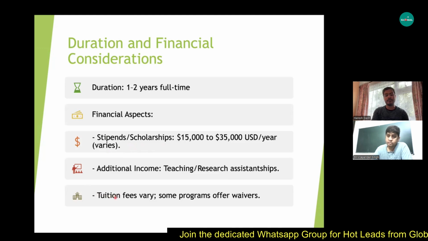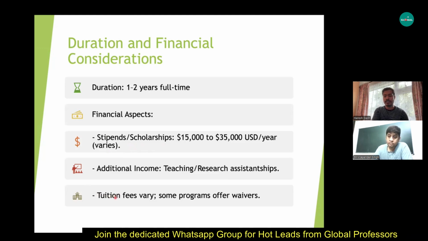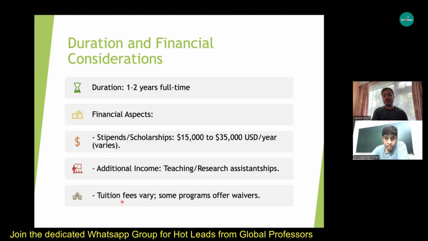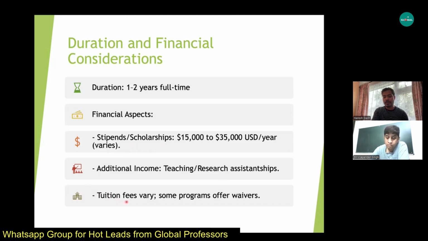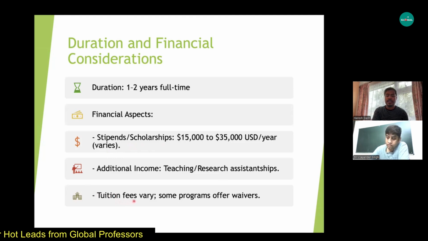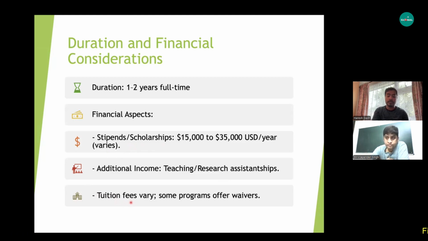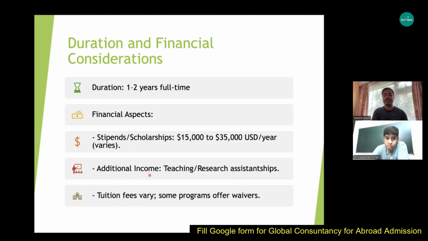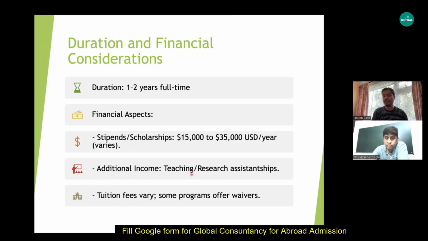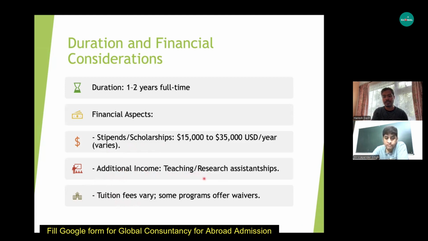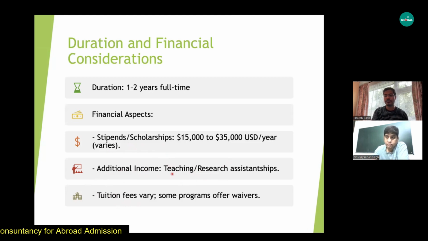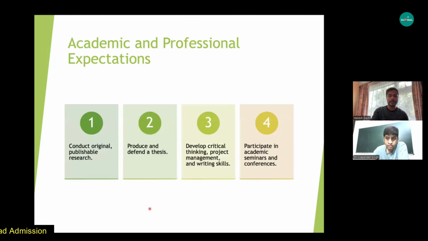Imagine, they charge a lot of tuition fees for master's. If you are coming for a regular master's program, they can charge a lot of money. But for this one, they will pay your funds, they will pay your tuition fees. And on top of that, you can have some additional income, for example, your TA duty. You are allowed to do that when you are doing a master's. I know some people do invigilation and teaching assistantship for extra money, which is kind of handy.